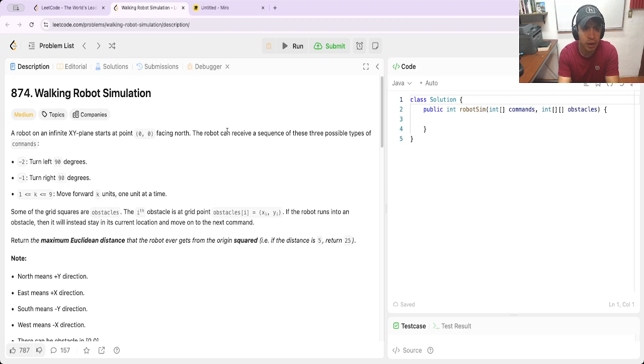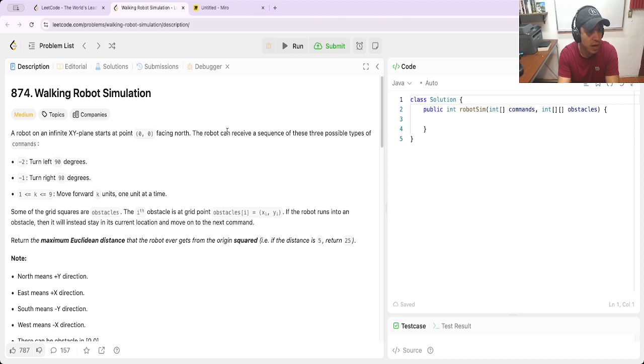The robot can receive a sequence of three possible types of commands: minus 2 means turn left 90 degrees, minus 1 means turn right 90 degrees, and K, which is between 1 and 9 inclusive, means move forward K units, one unit at a time.